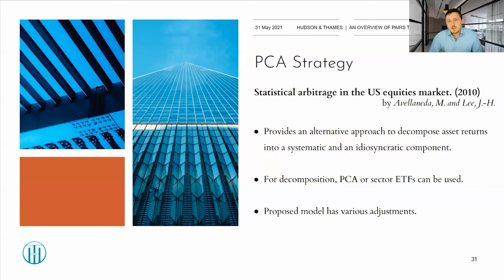So the PCA strategy is written by Avellaneda and Lee, a rather great work. The main idea there is that you can take a set of assets and decompose their returns into systematic and idiosyncratic components. The way you can achieve this split is to regress the returns of the assets on the returns of some market sector representative.